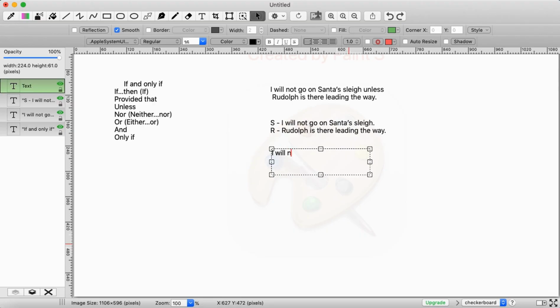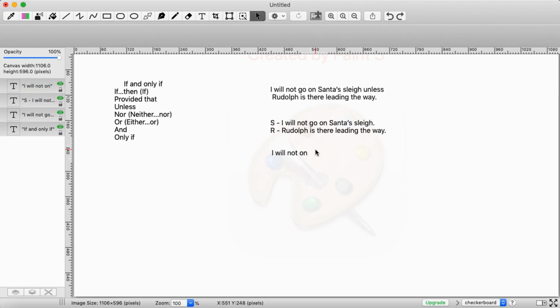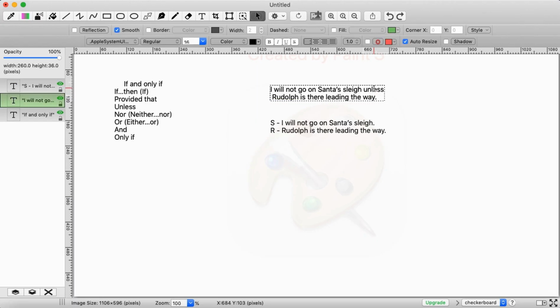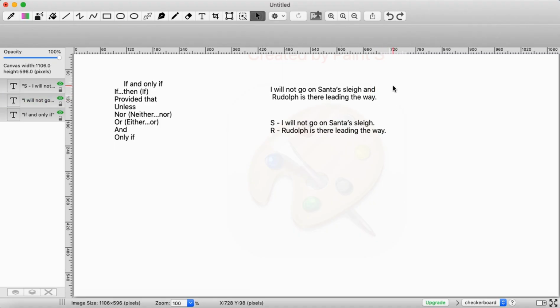I will not go on Santa's sleigh, and Rudolph is there leading the way. Okay, so that's what that statement means.